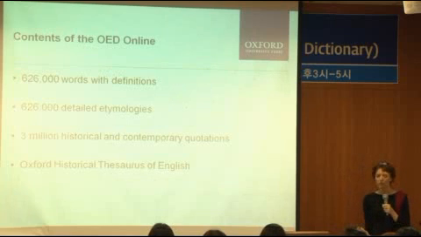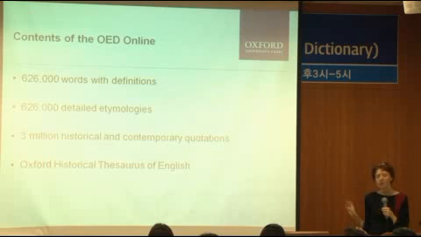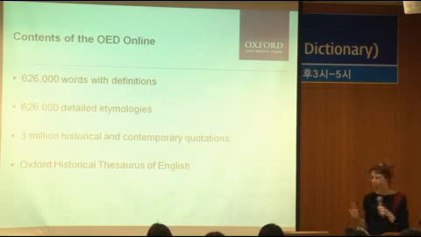Now, in contrast, with the OED online, you now have 626,000 words with definitions, all the full detailed etymologies, and in total there are 3 million historical and contemporary quotations. The quotations are a really unique part of the OED because it does span over 1,000 years. So you have quotation evidence in early and middle English.